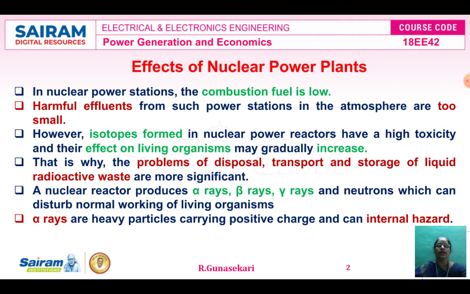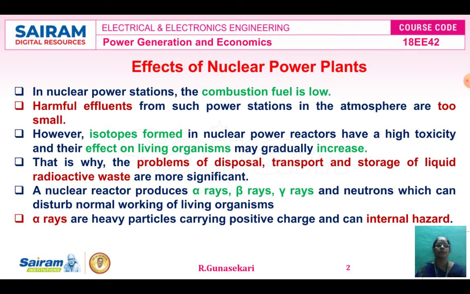The nuclear reactor produces alpha rays, beta rays and gamma rays. When the nuclear fuel, that means the radioactive material, is bombarded, it undergoes the nuclear fission process or nuclear reaction process. So a huge amount of energy is liberated, which is converted into electrical energy.